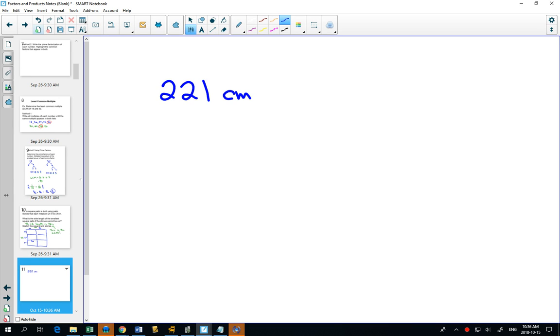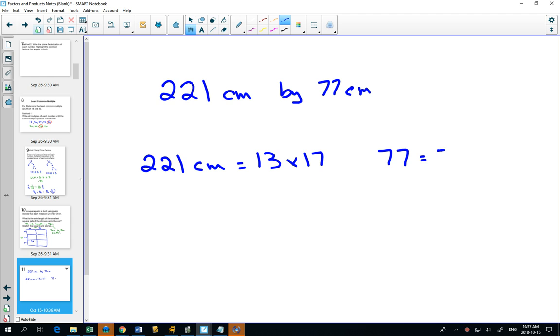These are big stones, by the way. 221 centimeters and by 77 centimeters. If your stone lengths were this, and you don't have to write this down, but I'm going to tell you that 221 is 13 times 17, and 77 is 7 times 11. That's our prime factorization.